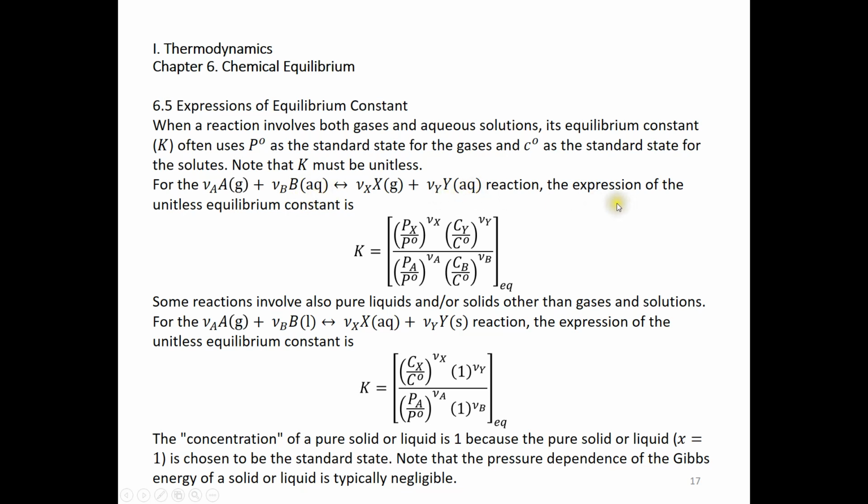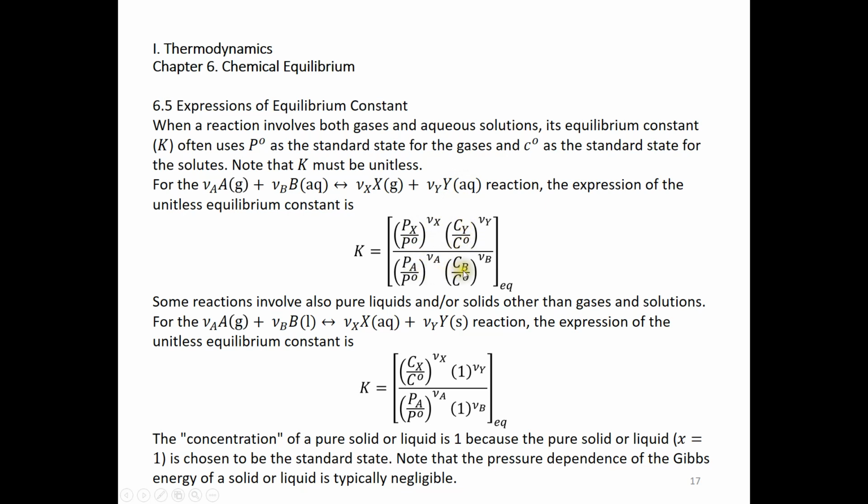Now, how do we express this equilibrium constant, this K? K is, again, products on top, reactants on the bottom. You take care of the coefficients appropriately. Now, let's look at X. X is a gas, so it's P sub X over P naught. Let's look at Y. Y is the solute in an aqueous solution, so it's C sub Y over C naught.